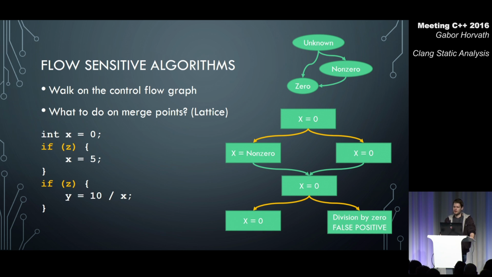And then when we split at the next branch, we will report that there is a division by zero error, and it is a false positive error because in this case these two branches, these two conditions are correlated, and every time when we divide by x it cannot be 0. So using this algorithm we will end up having a false positive.